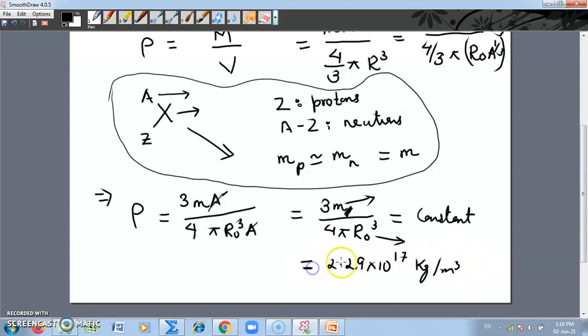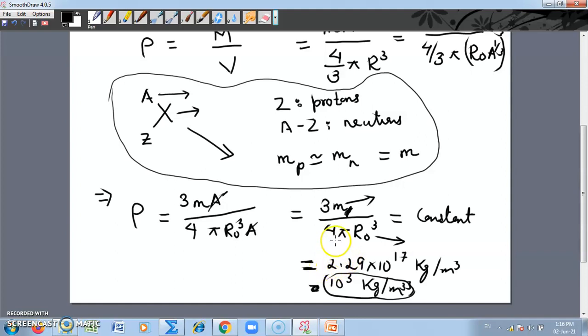Just compare it with water. Water is 1000, that means 10 cube kg per meter cube. This is a common substance that we know, the density of water. That's why I have written it here so that you can compare it. So it's extremely heavy.